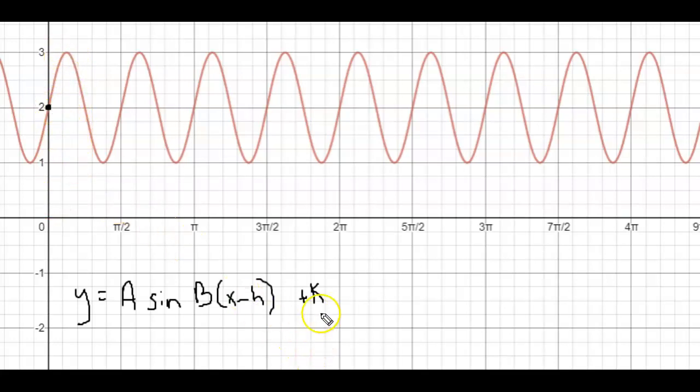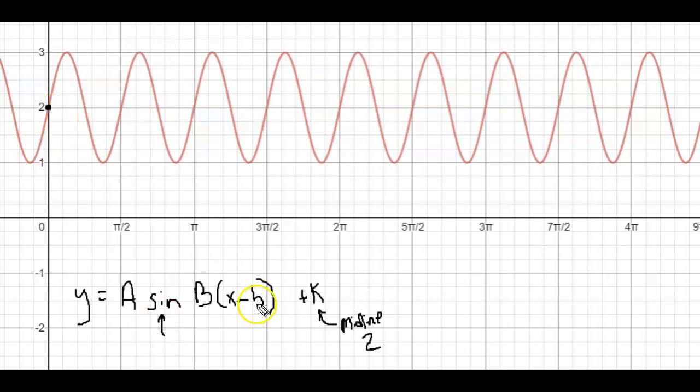So that's given me two pieces of information there. I now know that the midline is at 2, so it's exactly in the middle, bouncing between 1 and 3, so the midline is at 2. I also know that it starts on the midline. It's starting in the middle, which means that it is going to be sine. If it's starting in the middle, it's going to be sine.